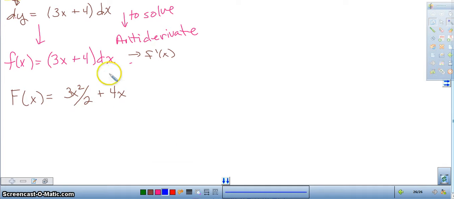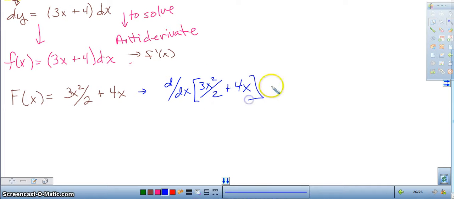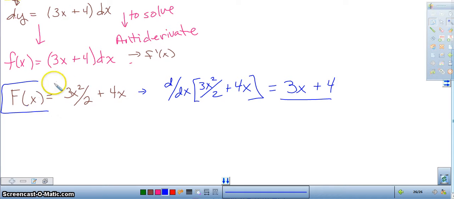But what you need to know is this works because if I take the derivative with respect to x of 3x squared over 2 plus 4x, I multiply by 2, things cancel, I get 3x here, and the derivative of 4x is 4, I get plus 4. So that's how I know that this capital F of x function is the antiderivative of 3x plus 4 dx.